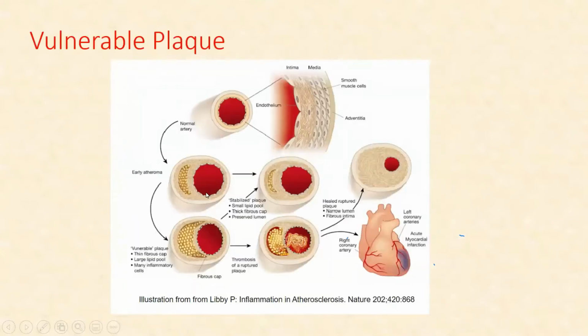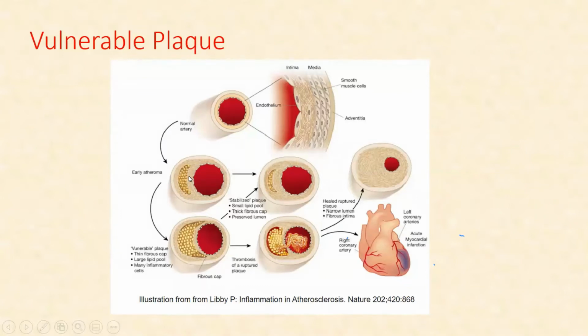We always look at the plaque in terms of this part and this part. This is the fibrous cap and this is the lipid core. Of course, there are inflammatory cells, macrophages, metalloproteinases, matrix, lots of other complex histology, but the most important two we look for in imaging are the fibrous cap and lipid core.